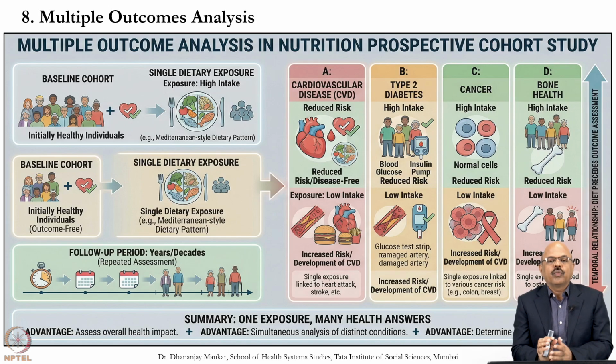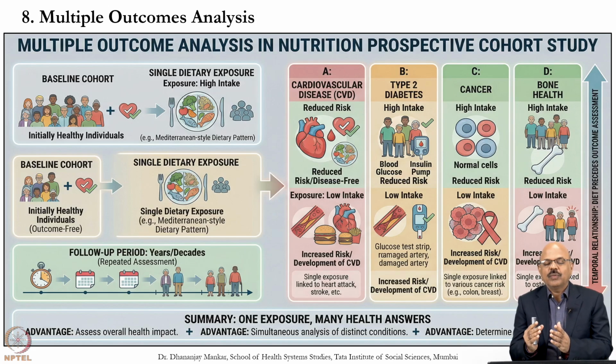Now we will see four conditions. Cardiovascular diseases first, CVD: reduced disease risk. Exposure to low intake of fast food, salt, or even red meat, and fried food, or increased risk, are developed when you are taking a single exposure which is linked to heart attack or stroke.